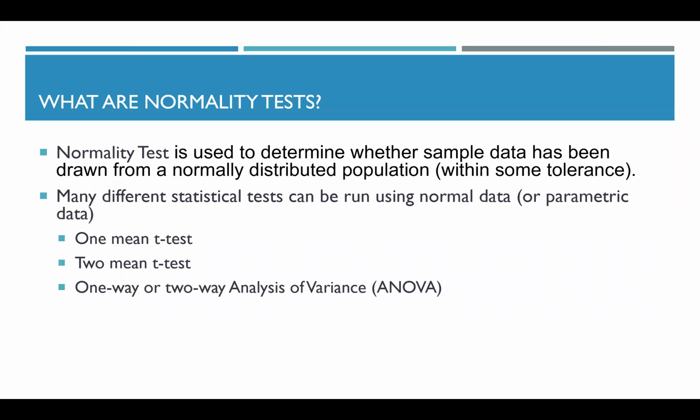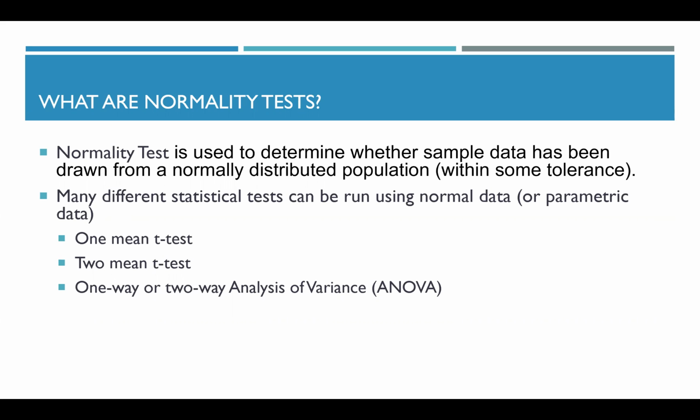There are lots of different statistical tests that we can run if we know we have a normal distribution. We can use things like the one mean Z test, the one mean T test, the two mean T test. We can conduct a one-way and a two-way ANOVA or analysis of variance. And in this course, we definitely do the one mean T test, the two mean T test, and a one-way ANOVA.